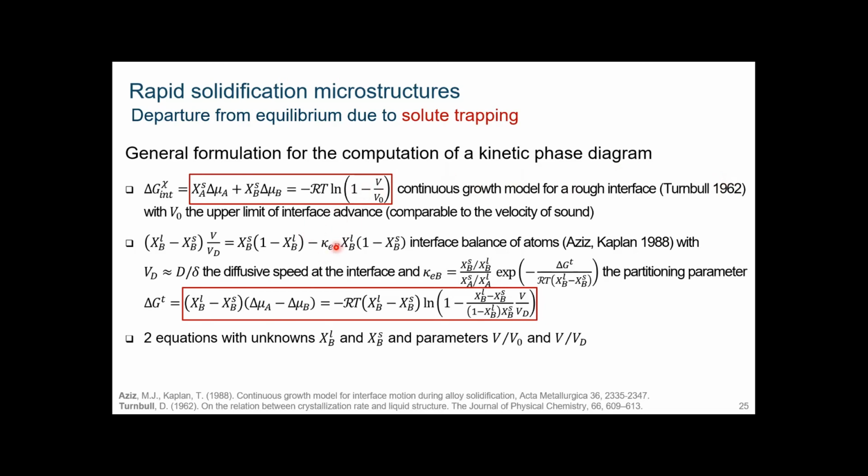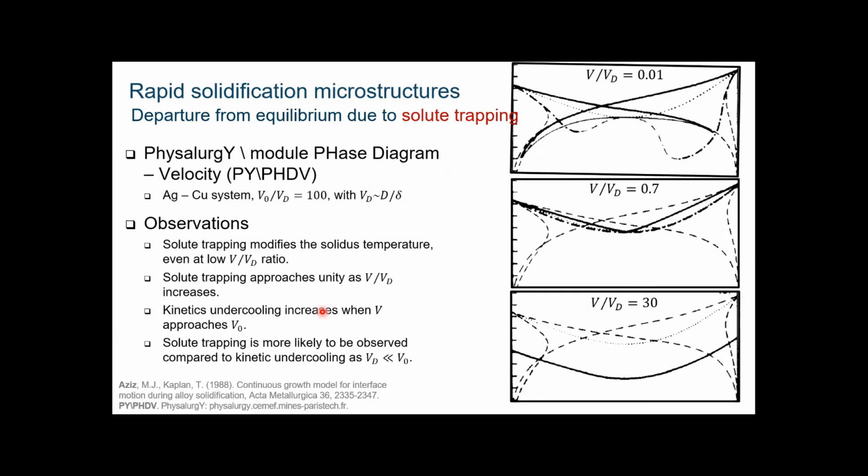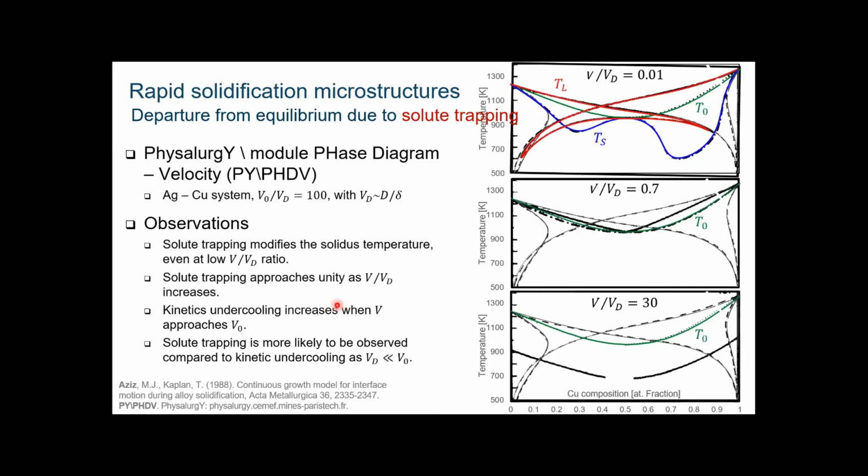And you can also add an equation to describe how solute and solvent atoms will partition at the interface. This is a model by Aziz and Kaplan. And so you have these two equations, and you can use them to compute the kinetic phase diagram. So this is what you have here.